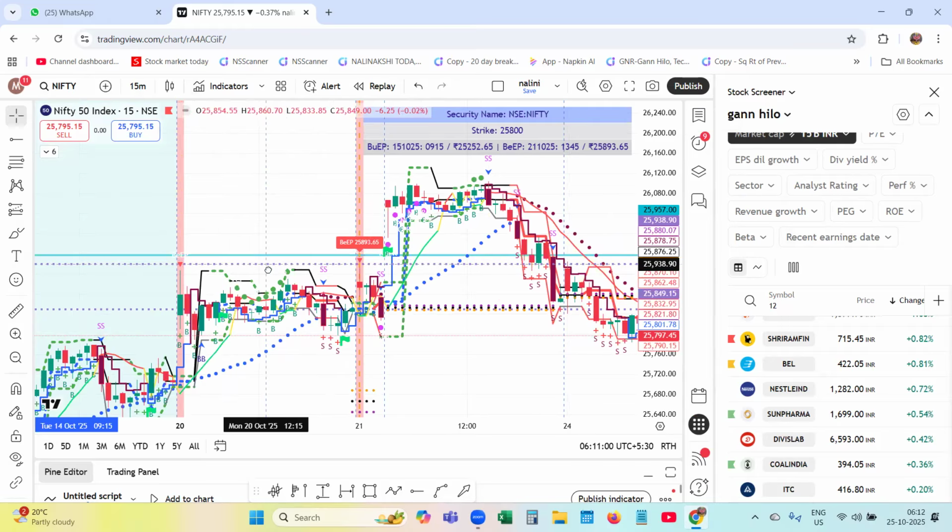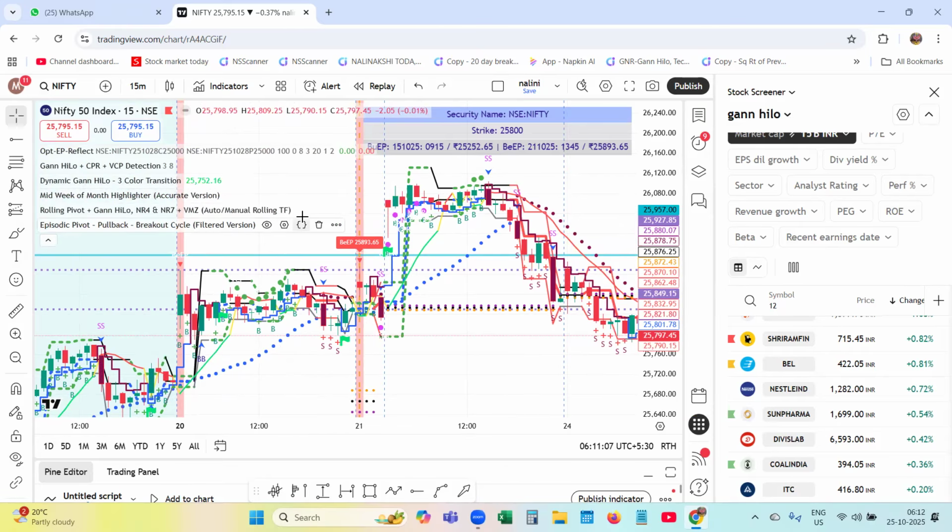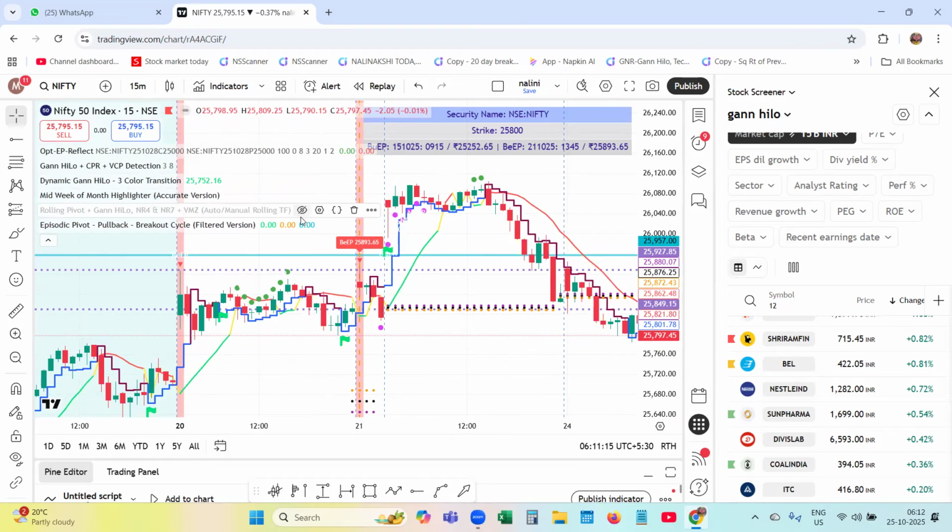So you need to mark this level. Let me hide all the indicators so that you can see clearly what is happening over here. Let me hide the rolling pivot and all. For our entry and understanding, this rolling pivot is very, very essential.